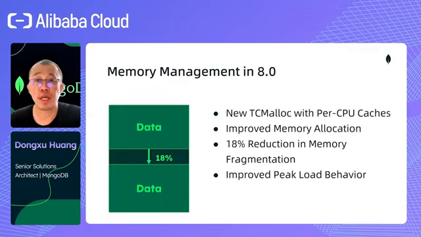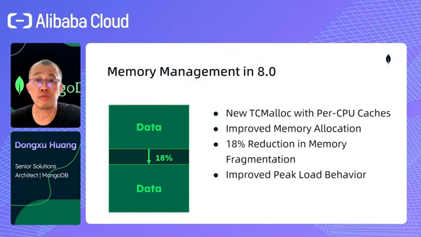MongoDB version 8 leverages a new version of Google's tcmalloc memory allocator. This new memory allocator uses per-CPU caches, which can reduce memory fragmentation as compared to the per-thread cache used by the old tcmalloc.